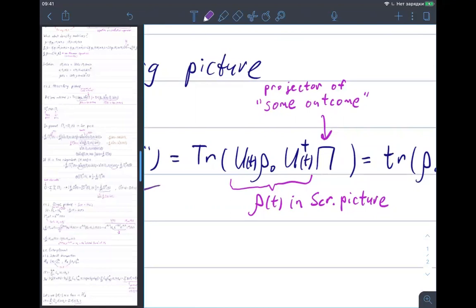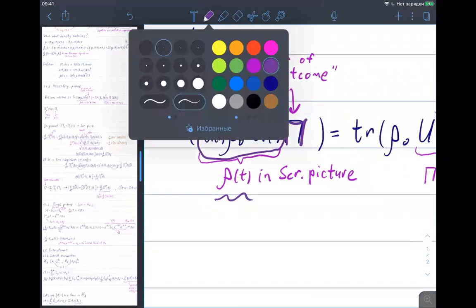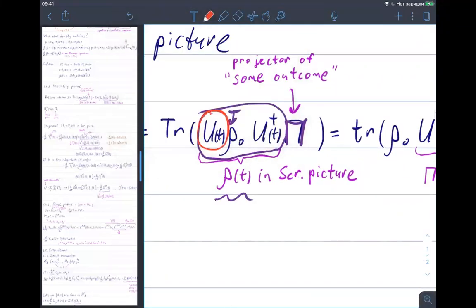Here we have our state at time t: I take my initial state and put it in the sandwich of these evolution operators. This is rho t in the Schrödinger picture, and this projector P describes the outcome. And what we can do is take this unitary operator and move it inside the trace.